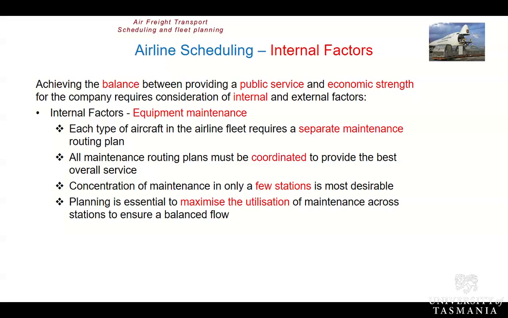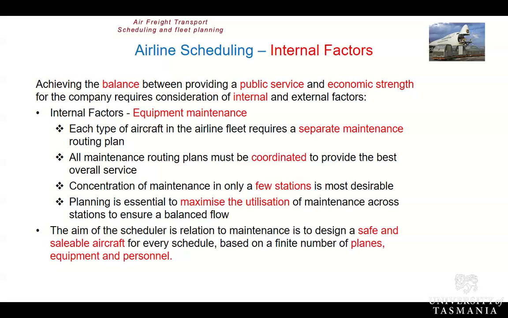So it requires a significant amount of planning on the part of the air scheduler to maximise the utilisation of maintenance across those stations, essentially trying to get a balanced flow. So ultimately, the aim of the scheduler in regards to maintenance is this idea that it turns out a safe and saleable aircraft for every schedule.